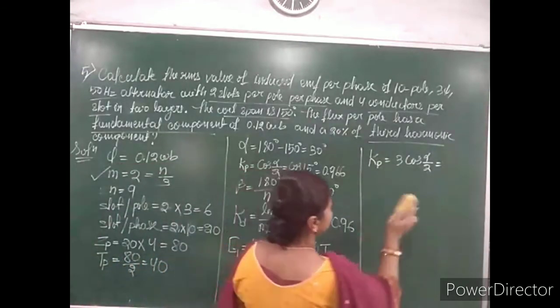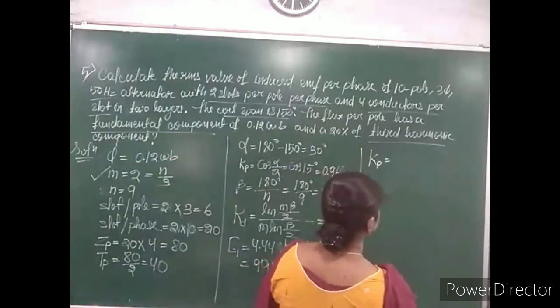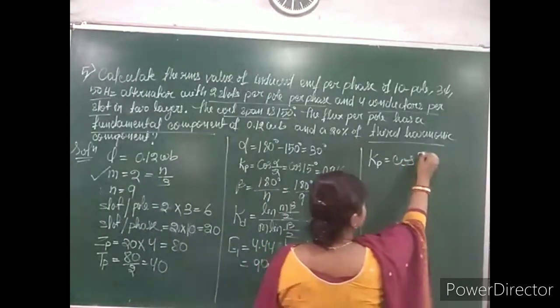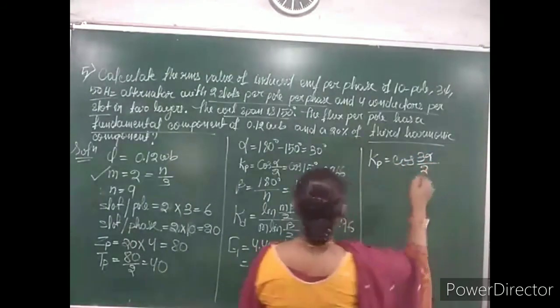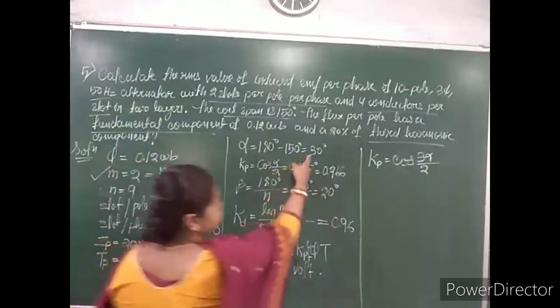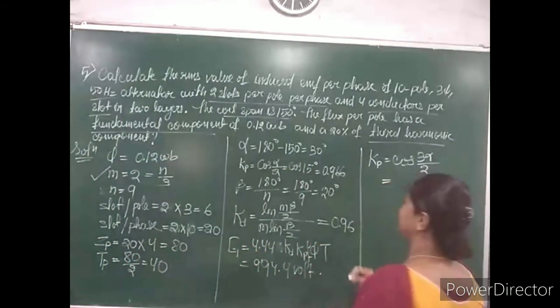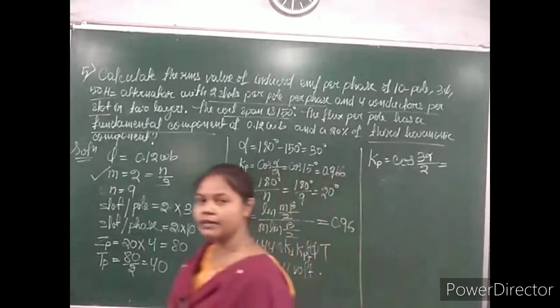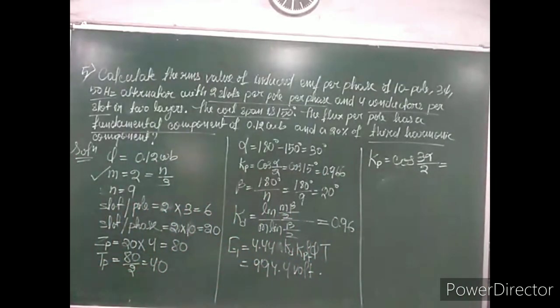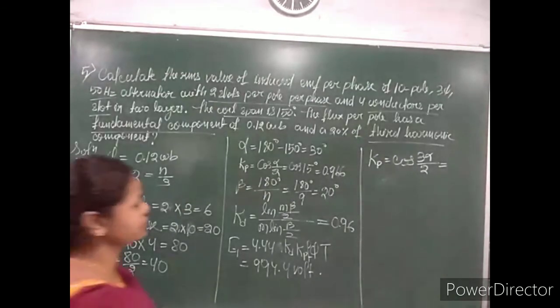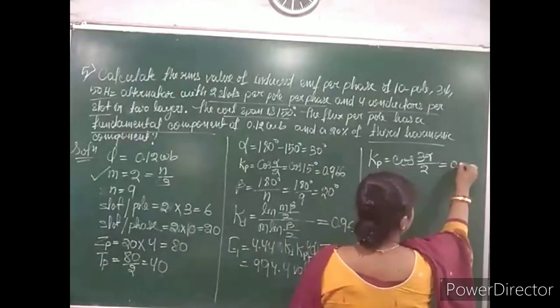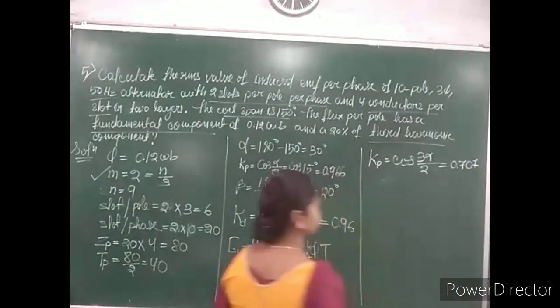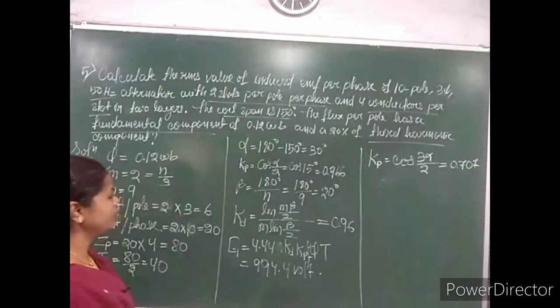Actually it is in alpha, cos 3 alpha by 2. What is the alpha value we get here? It is 30 degree. So after putting the value of alpha, the short pitch angle, you get the value for the third harmonic component as 0.707.